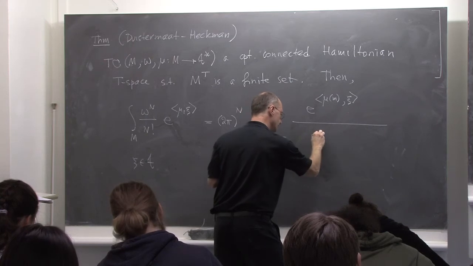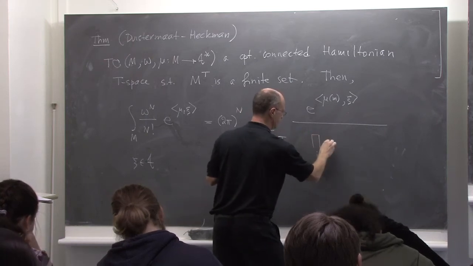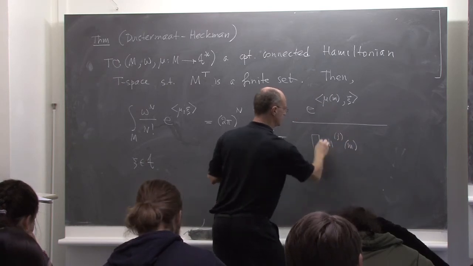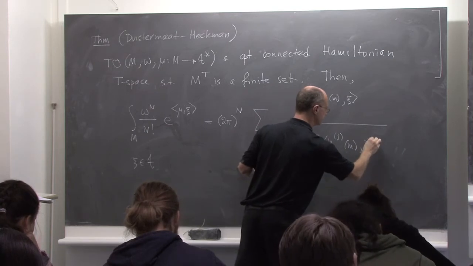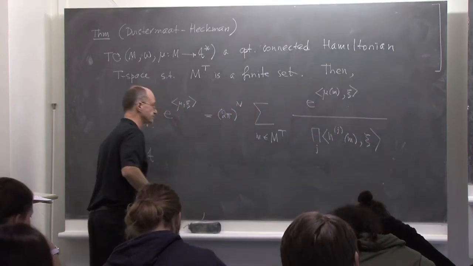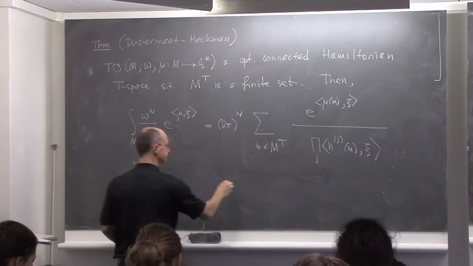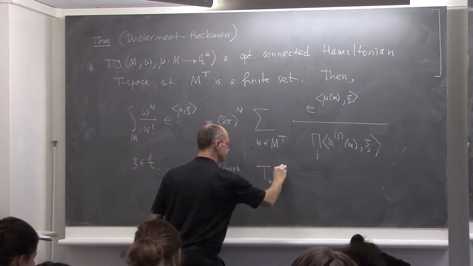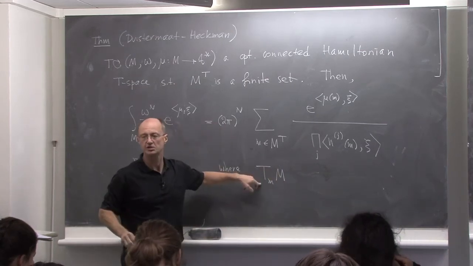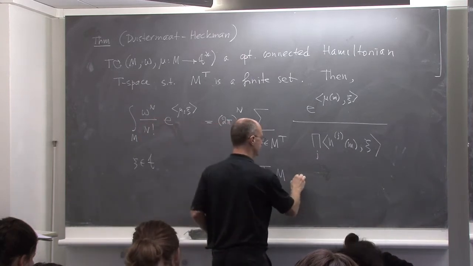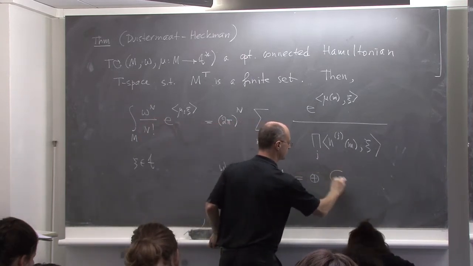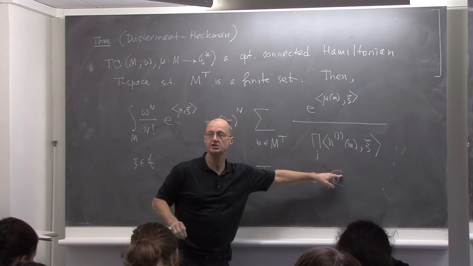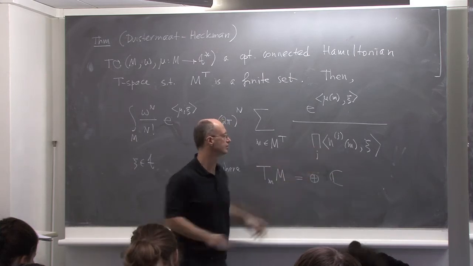and here will be the product over j of alpha_j of m, psi, where we know that for fixed points, the tangent space is a direct sum of copies of C, where on C there is an action.